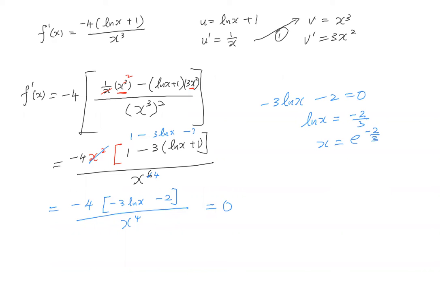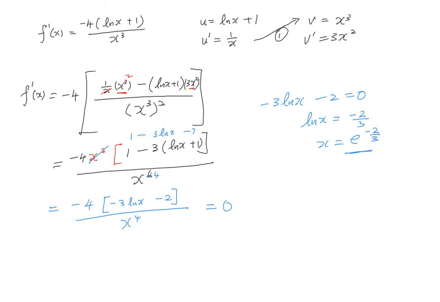Okay, so differentiate this is something that you have to be very careful, because it involves ln and that one, so you have to write it carefully. So this is the x coordinate of the inflection point.